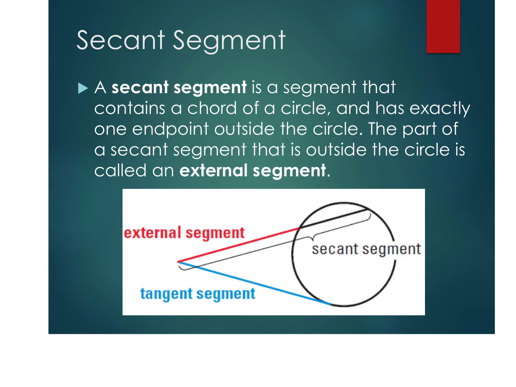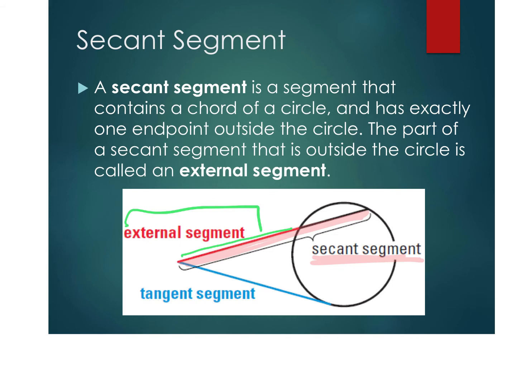The entire red thing is the secant segment. But the darker red, the piece of that secant segment that is outside of the circle, is called the external segment.